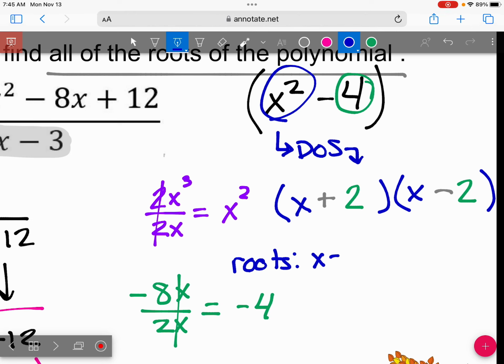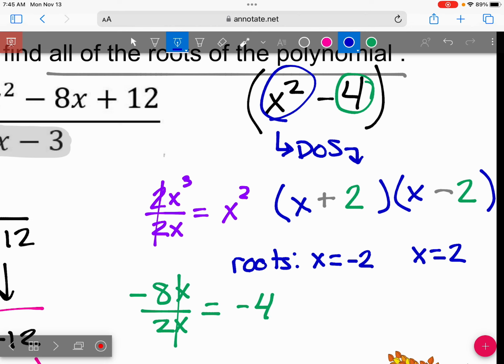Yeah, x is negative 2 and x is 2. Okay, so finding all solutions, it's not adding anything new. It's doing the same long division we did last week or the same synthetic division we did last week and factoring your quotient, whatever guy's on the top.